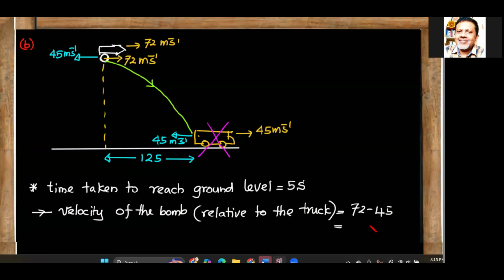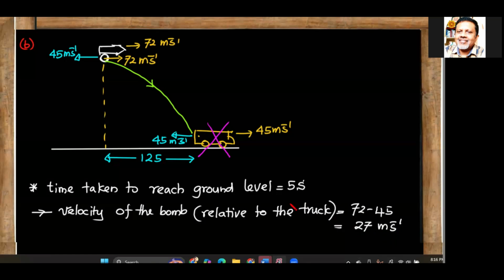So you can see it is 7 from here, 6 minus 4 is 2. 27 meter per second is the relative velocity of the bomb, right?